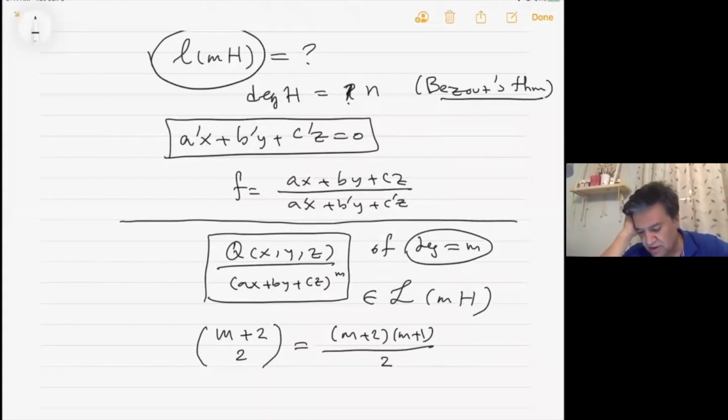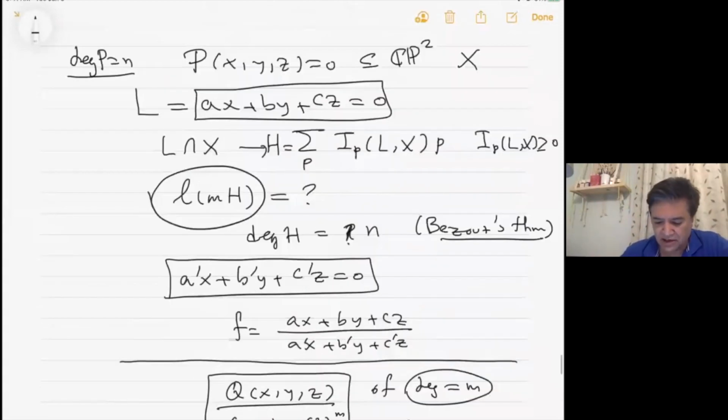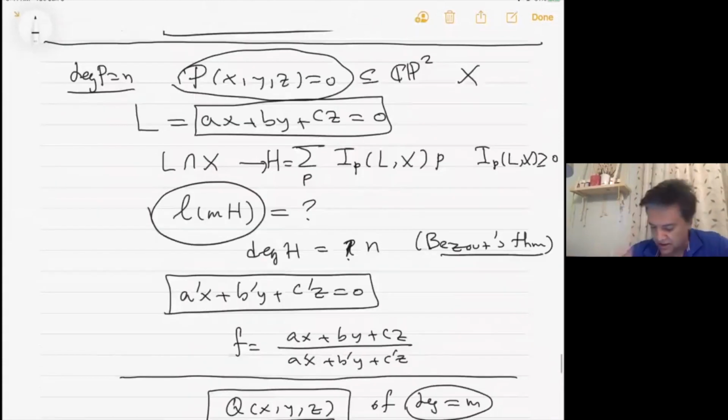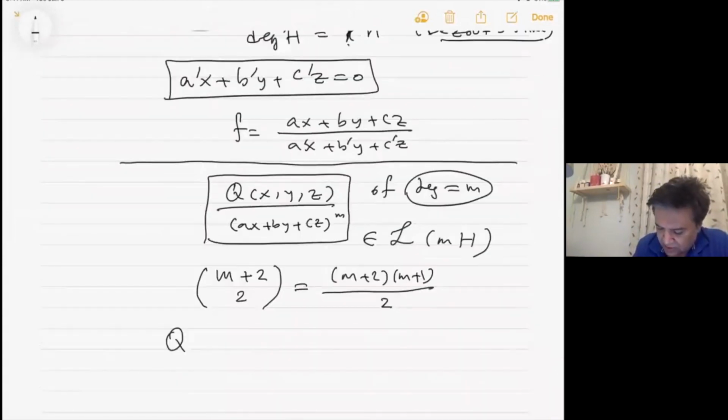When two such functions are equal on X, this happens exactly when the difference is a multiple of p. Remember that the equation of your curve is given by this equation. And therefore, if two q's have a difference that is a multiple of p, then they are the same. So this means that we have to subtract q's which are of the form p times q', where the degree of q' is m minus n.